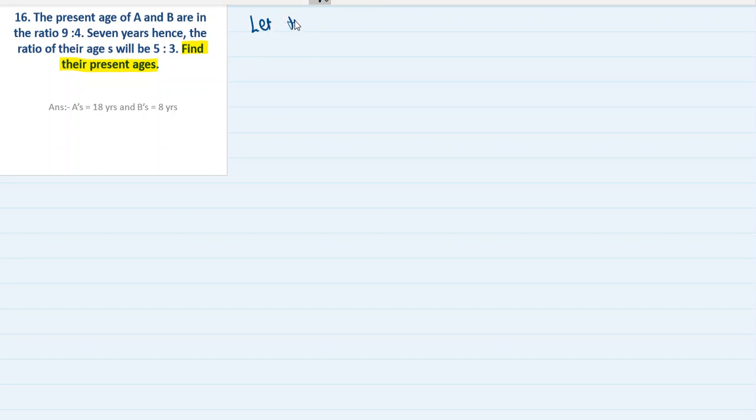Let the present ages of A and B be x and y respectively.